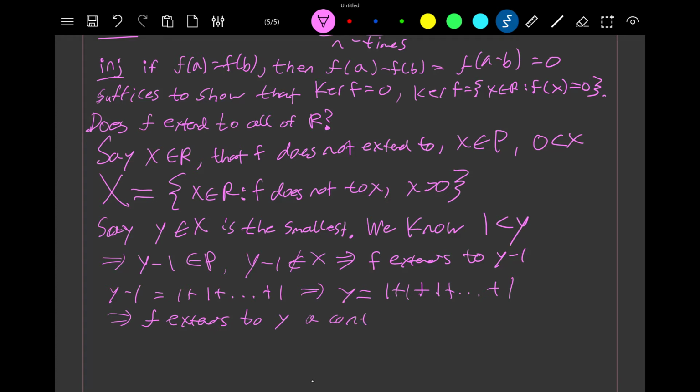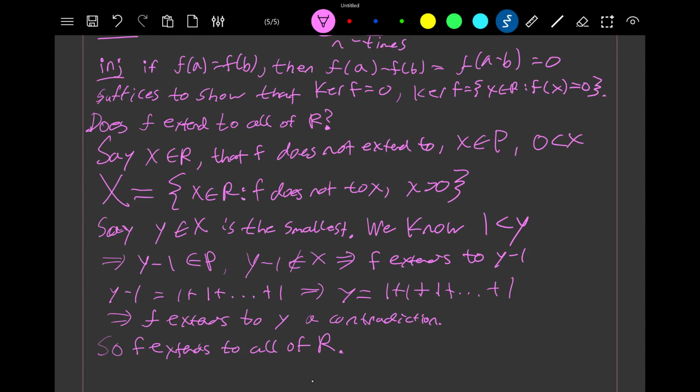A contradiction. So we know that f extends to all the positive numbers. And similarly, f will extend to all the negative numbers, just by symmetry, you can mirror this argument. And so we have that f extends to all of R.